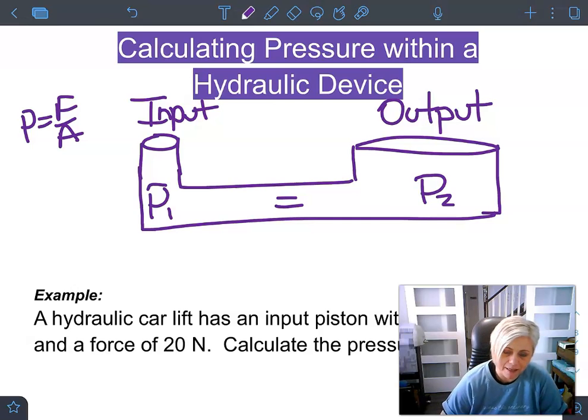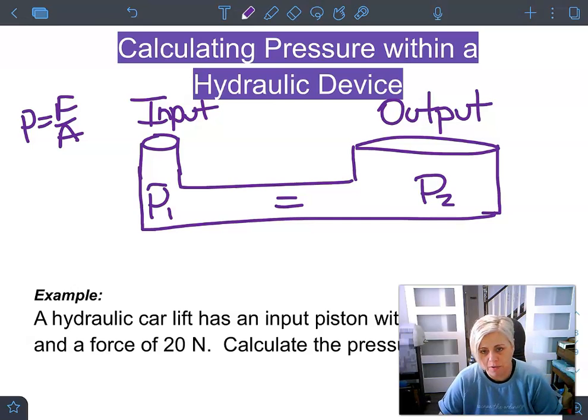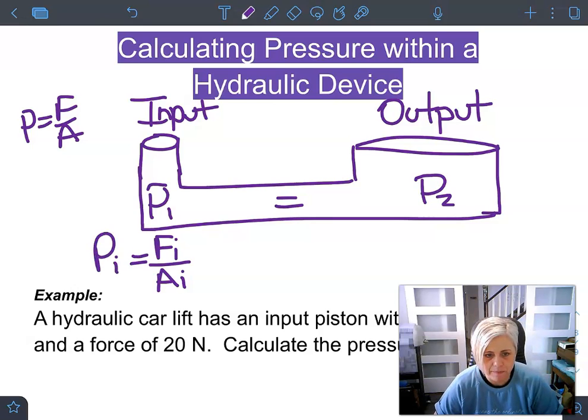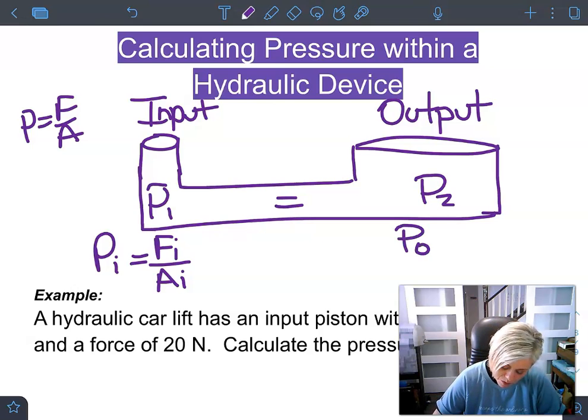We're just going to use input values and then output values, and they should come up to the same answer. For example, we would use our input force and our input area to calculate that input pressure. And on the right side, I'll use O's now to show it's output.